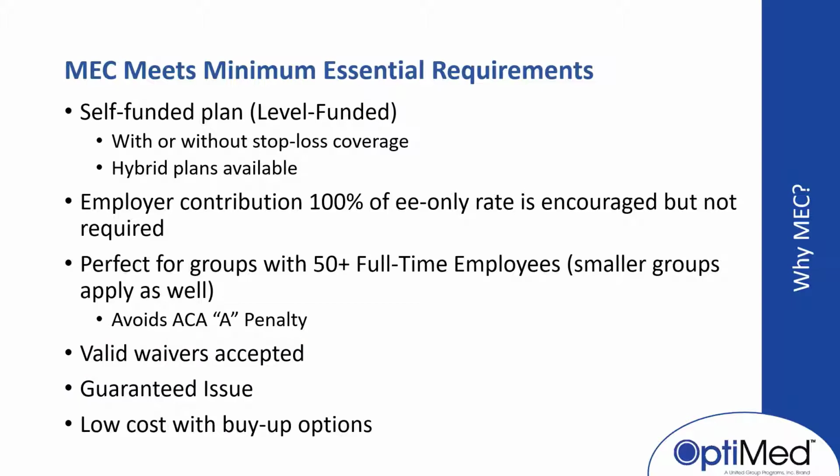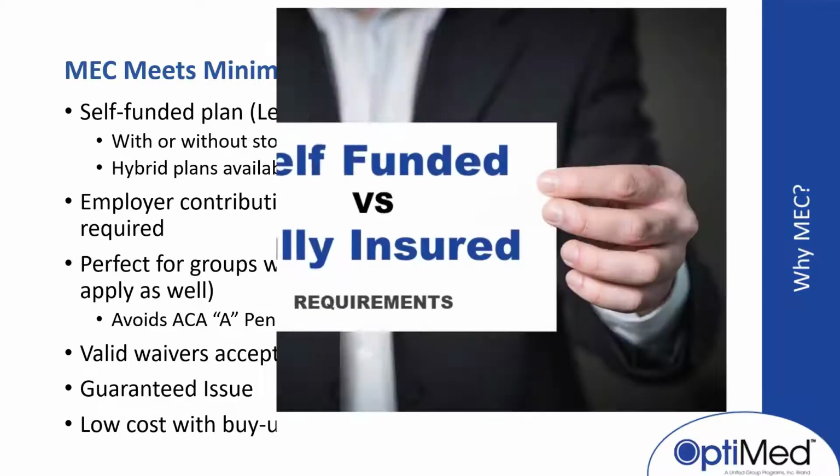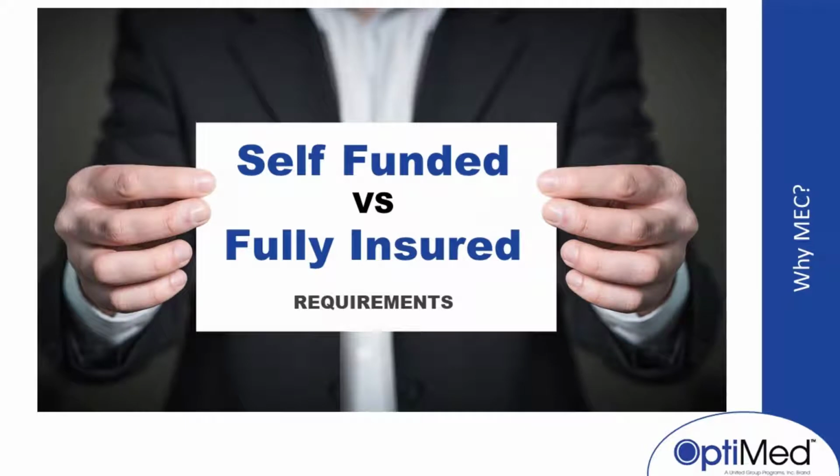But why it's so low cost is that under this self-funded arrangement, and this is where the ACA, you're essentially taking advantage of a loophole in the ACA, which says that if you're a self-funded plan, we all know that, maybe we all know, that you have to cover all these preventative services that HHS requires, right?